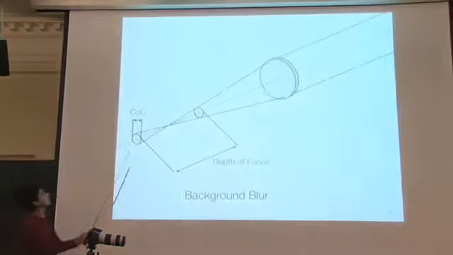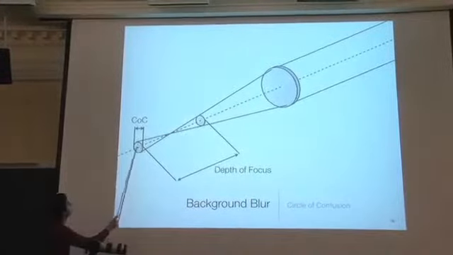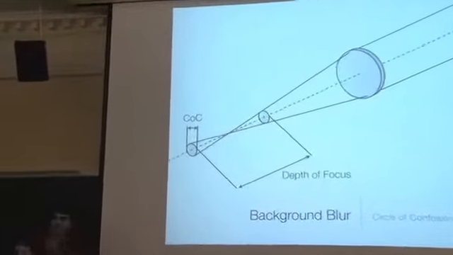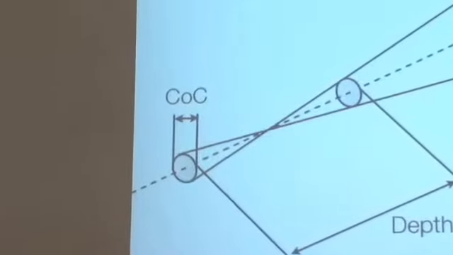But we can generalize this and just say that there's this one little circle, this one little bit of area, and if the lens focuses the light onto that area or smaller, it will appear to be sharp. It will appear to be in focus. Because if that light goes over to the next pixel, for example, then it's occupying 2 pixels.